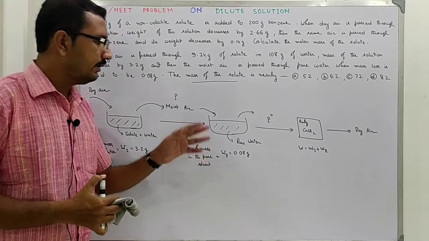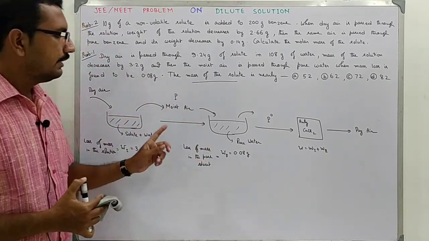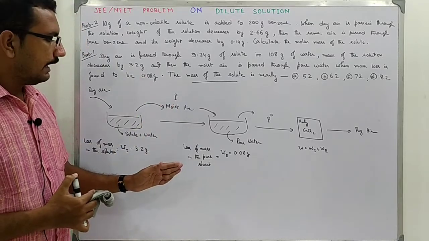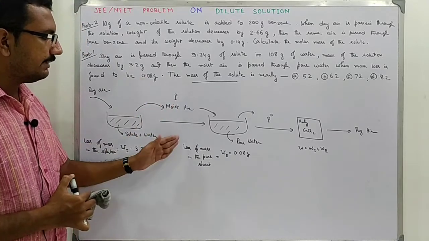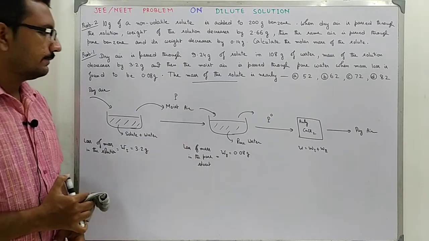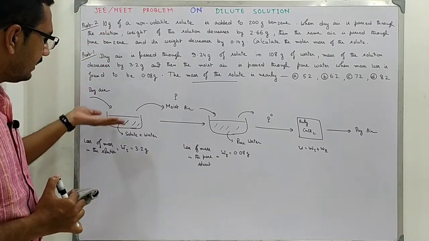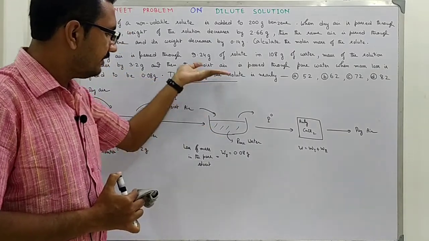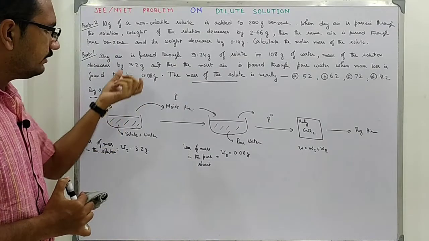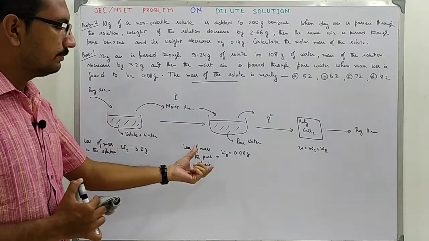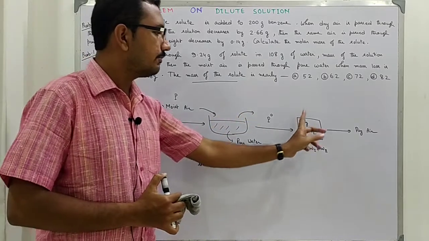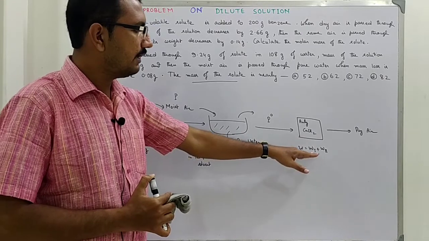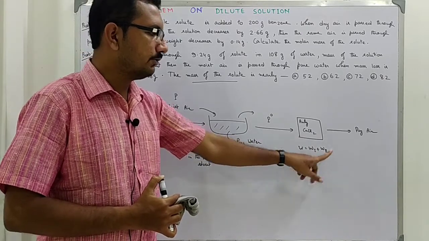We have to weigh 2 times separately, before and after passing the air, and the difference in weight will give us the drop in the mass. Now here it picks up solvent vapor, here again it picks up solvent vapor. So in total it gains W1 plus W2, and that is being totally absorbed by this anhydrous CaCl2. So what happens here? A weight gain is found, and it is W1 plus W2.